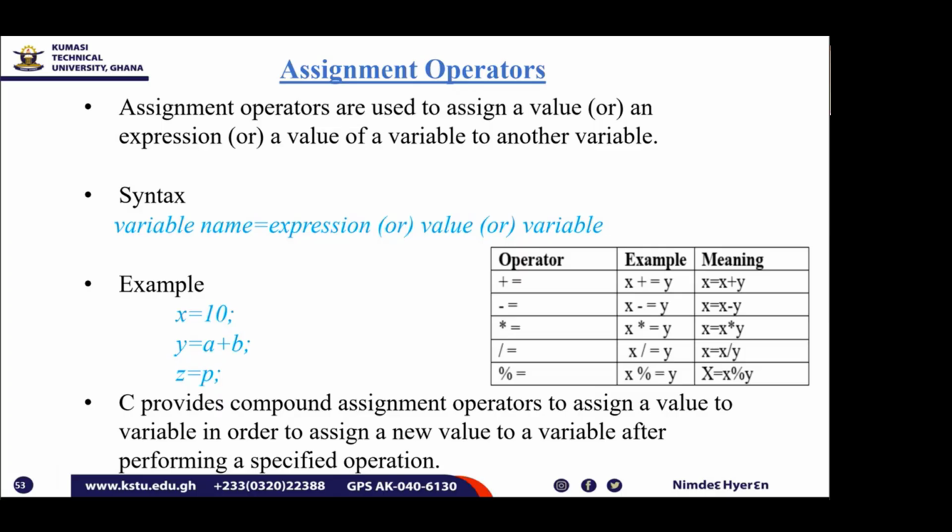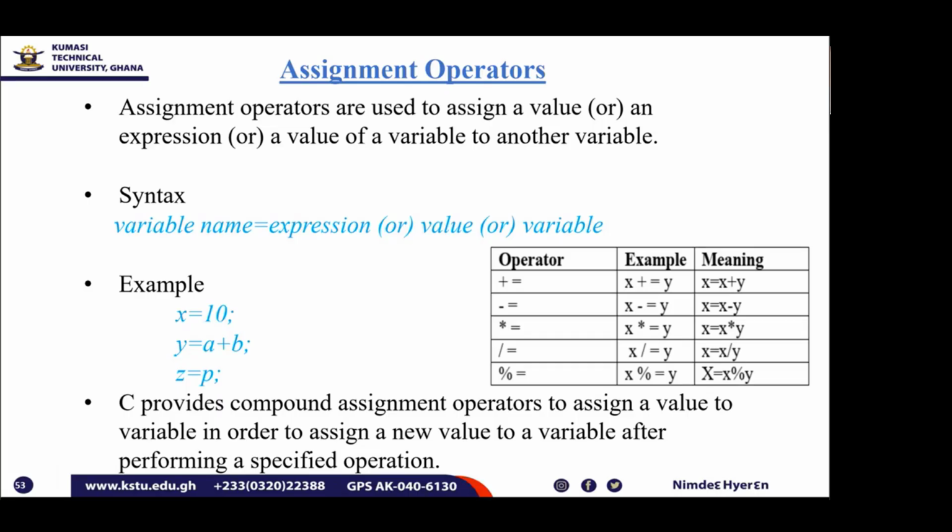So when you look at the operators used for assignment, you have plus equals, which, with an example, when we write x plus equals y, would mean that x equals x plus y.